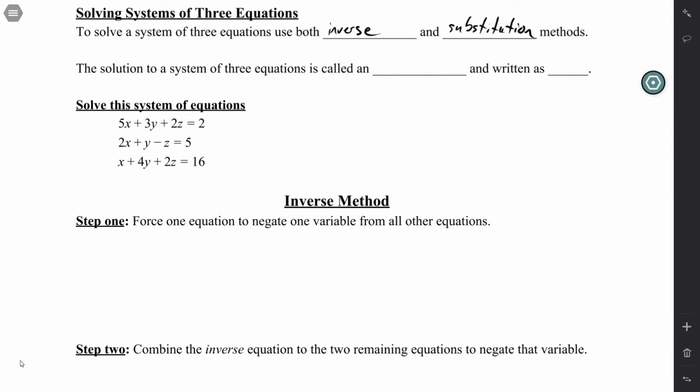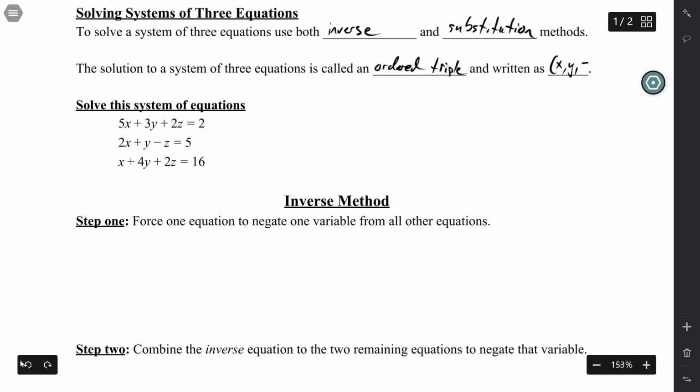The solution to a system of three equations is called an ordered triple. That is written very much like an ordered pair: x, y, and then z. If you have another system, say we're solving for a, b, and c, it's traditional to write those in alphabetical order: a, comma, b, comma, c.